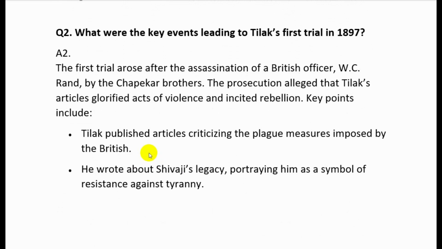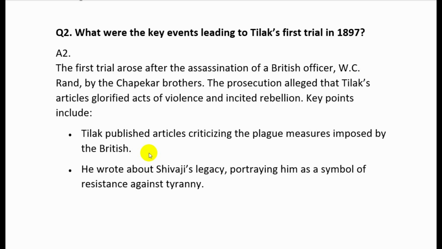What were the key events leading to Tilak's first trial in 1897? The first trial arose after the assassination of a British officer, W.C. Rand, by the Chapekar brothers.